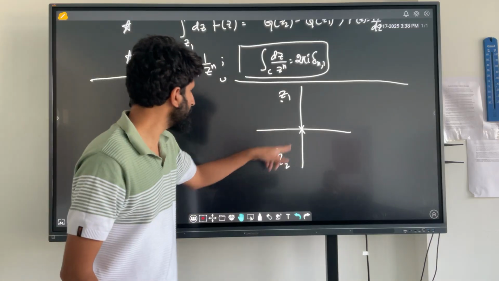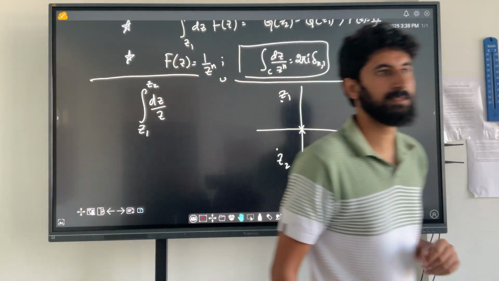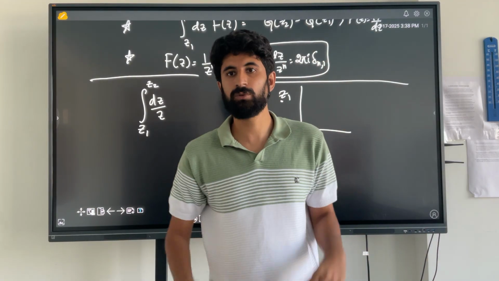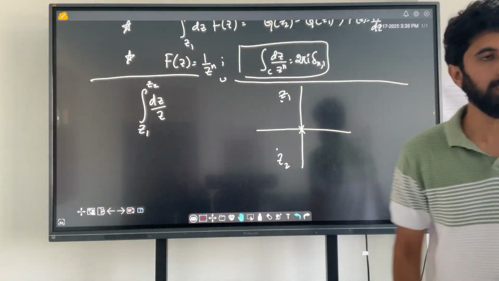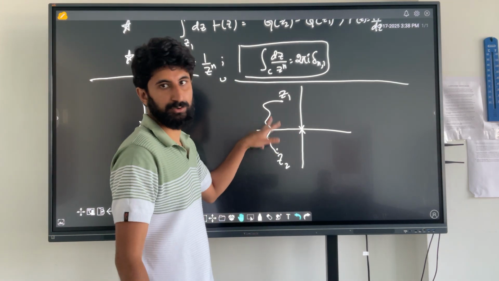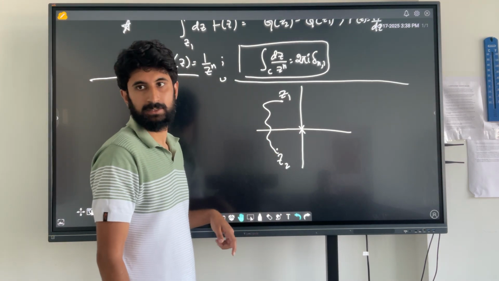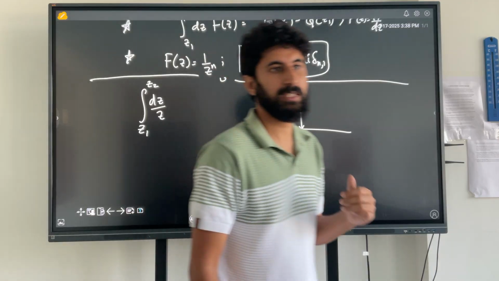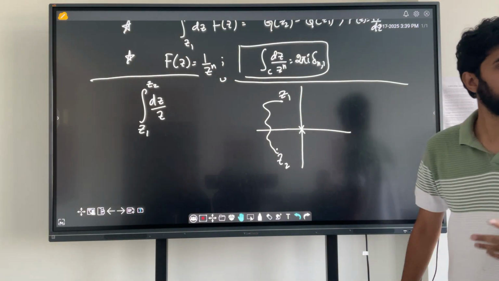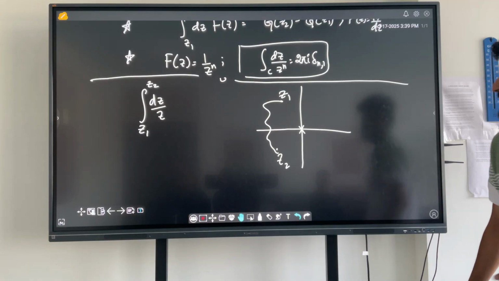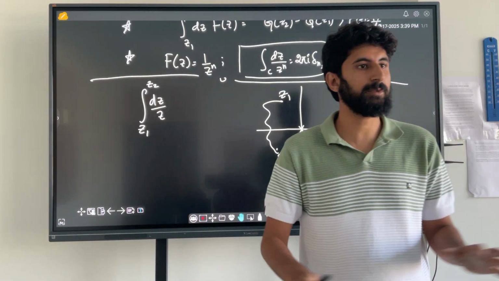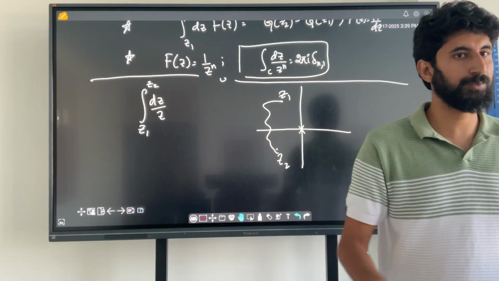Now how many paths can you draw between z1 and z2? Infinitely many, right? But they can be characterized in two categories. I can divide all these infinitely many paths into just two groups.